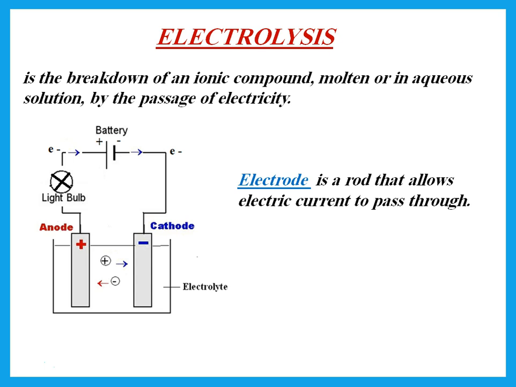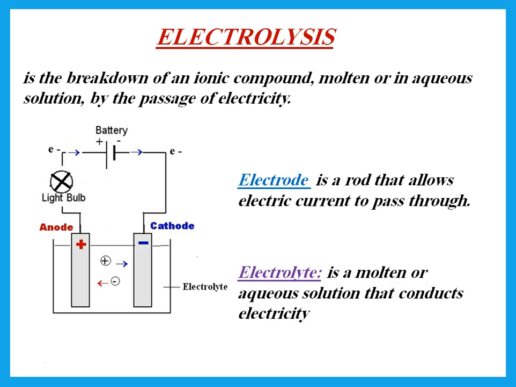The electrode is a rod that allows electric current to pass through, and we said these electrodes are usually made of graphite, or if we need a metal, we said we used an inert metal like platinum. And we put the electrolyte in the beaker. So this is the one that has positive and negative ions.